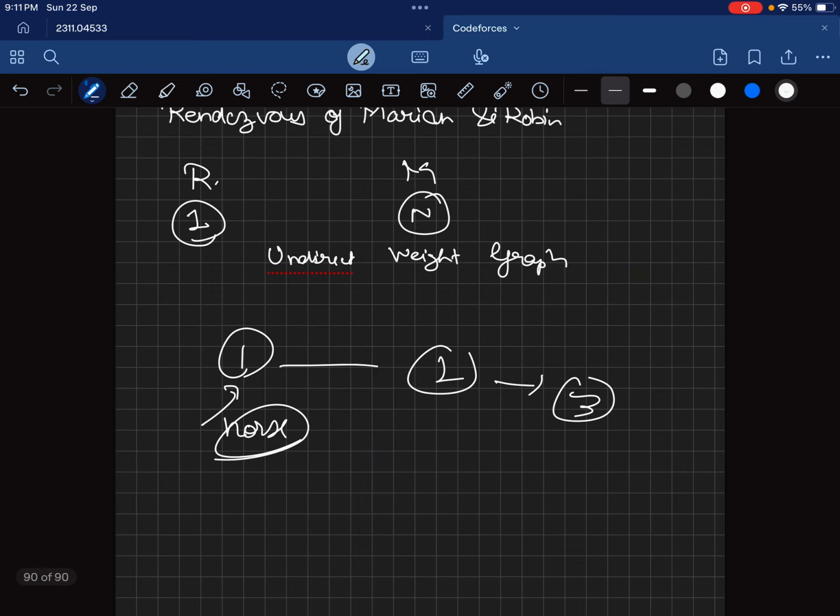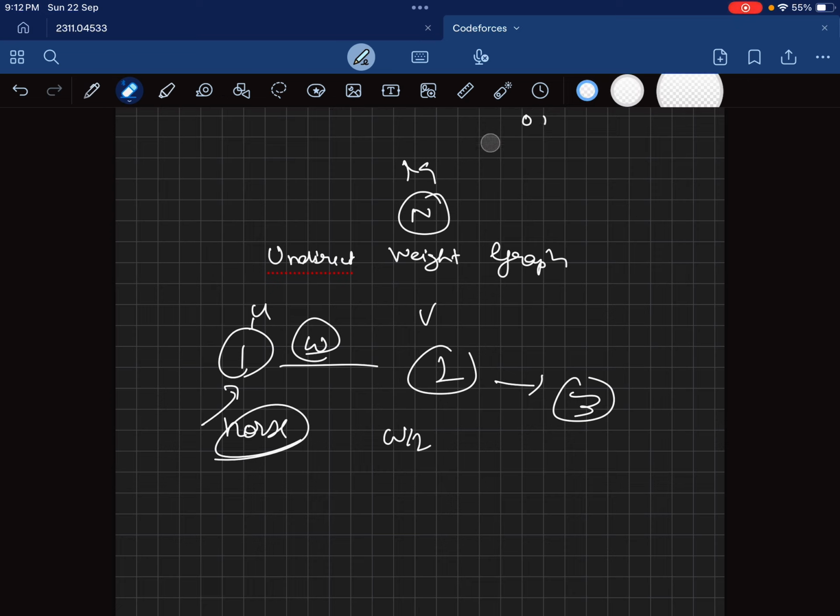And the edges will have weights, and this signifies the travel time required to go from vertex U to vertex V. And if you are riding a horse, then the time taken to cross the edge is halved.